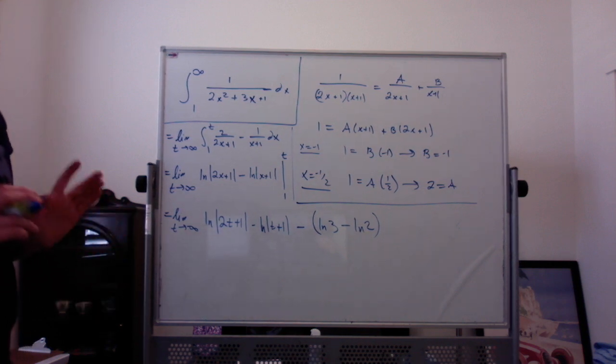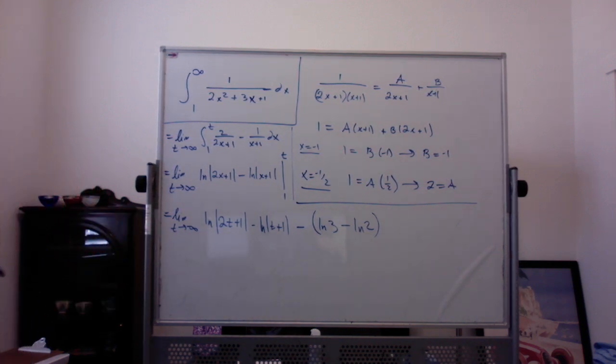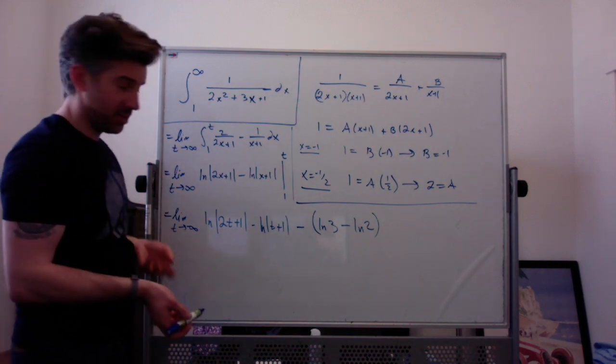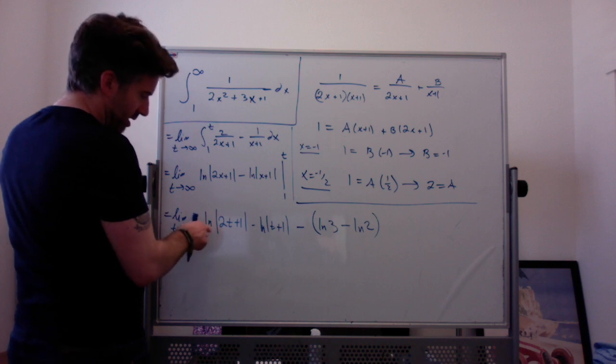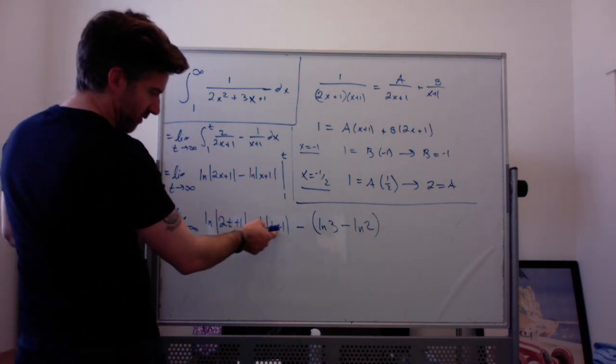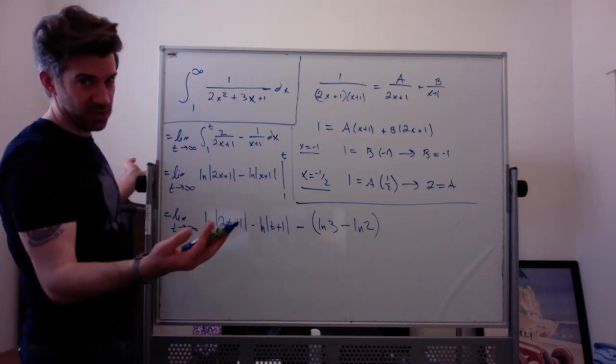Okay, now here's the important key step. If you just try to evaluate now, you're going to think it's divergent, which is why I said at the beginning it was convergent. If I plug in infinity, natural log of infinity is infinity, and natural log of infinity is infinity. So I've got infinity minus infinity. But if I just thought, oh, it's going to infinity, it diverges, I'd be wrong.